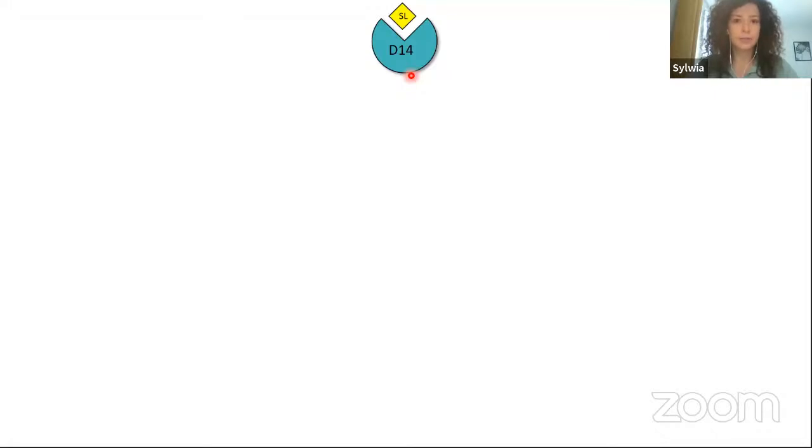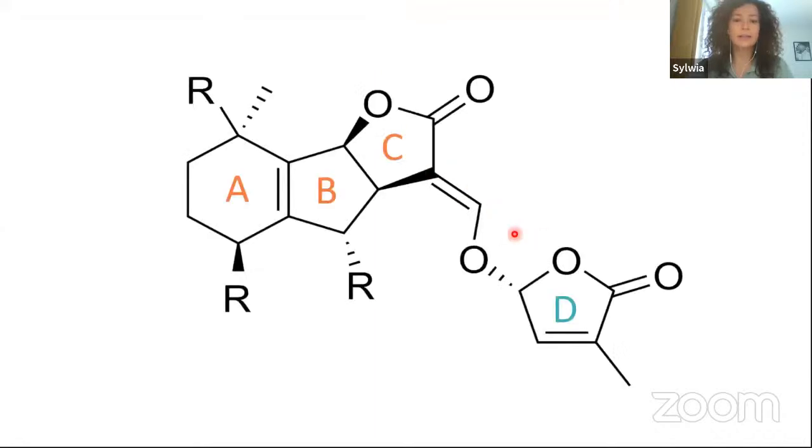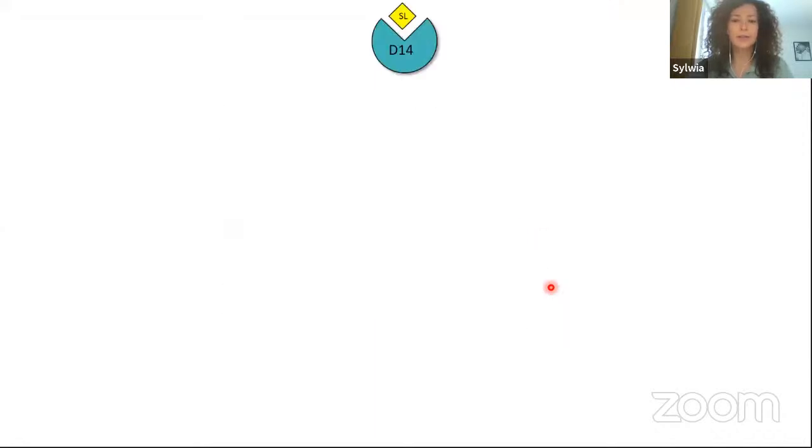Apart from being a receptor, it is also an enzyme that can hydrolyze the connection between the C and the D ring. Upon hydrolysis, only the D ring is covalently bound to the catalytic site of the receptor, and this allows the receptor to change its conformation.